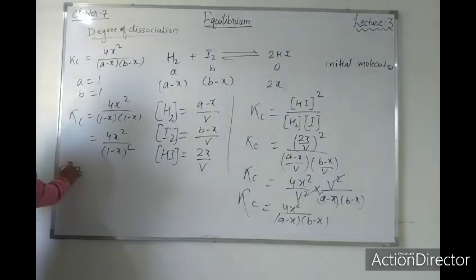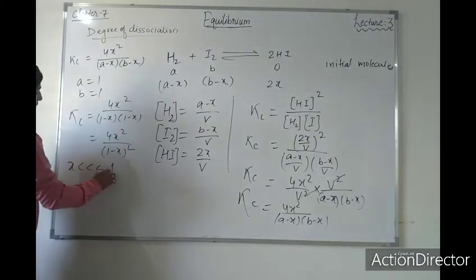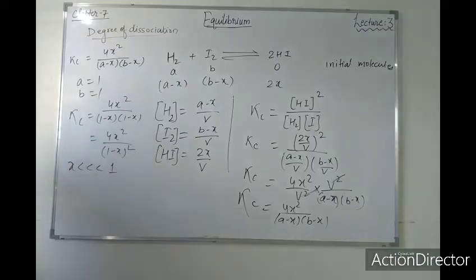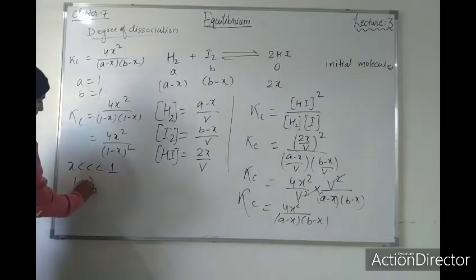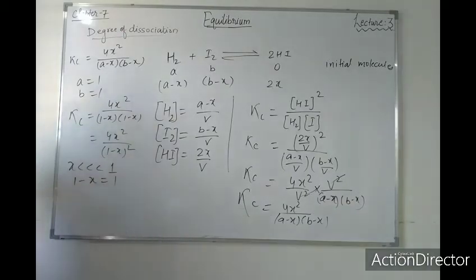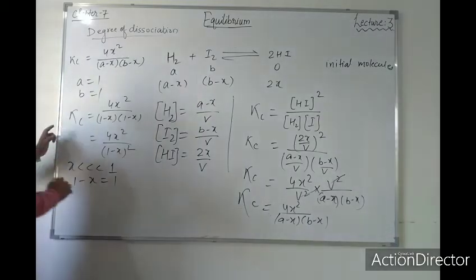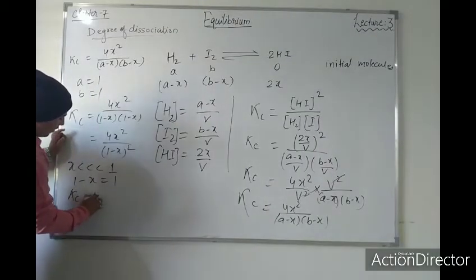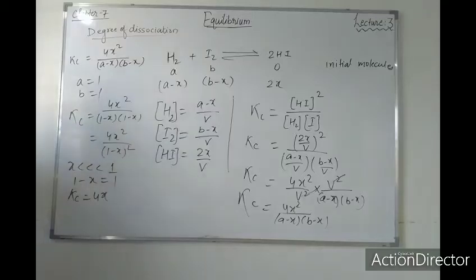If x is very much less than 1, then 1 minus x is equal to 1. Right? So what will be the value of the constant? Kc will be 4x square upon 1 square, so Kc will be 4x square, not 4x.